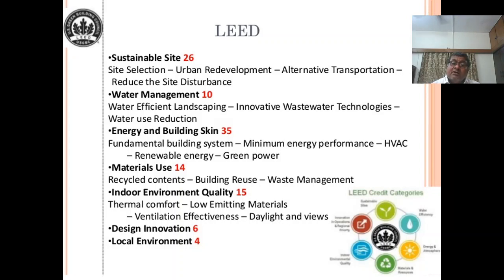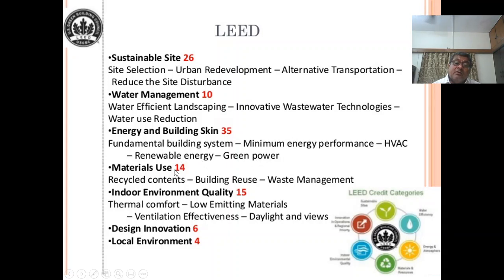Sustainable site 26 marks: site selection, urban redevelopment, alternative transportation and reduced site disturbance. For water management 10 score: water efficient landscaping, innovative wastewater technologies, water use reduction. Then energy and atmosphere 35 score: fundamental building systems, minimum energy performance, HVAC, that is heating, ventilation and air conditioning, renewable energy and green power.